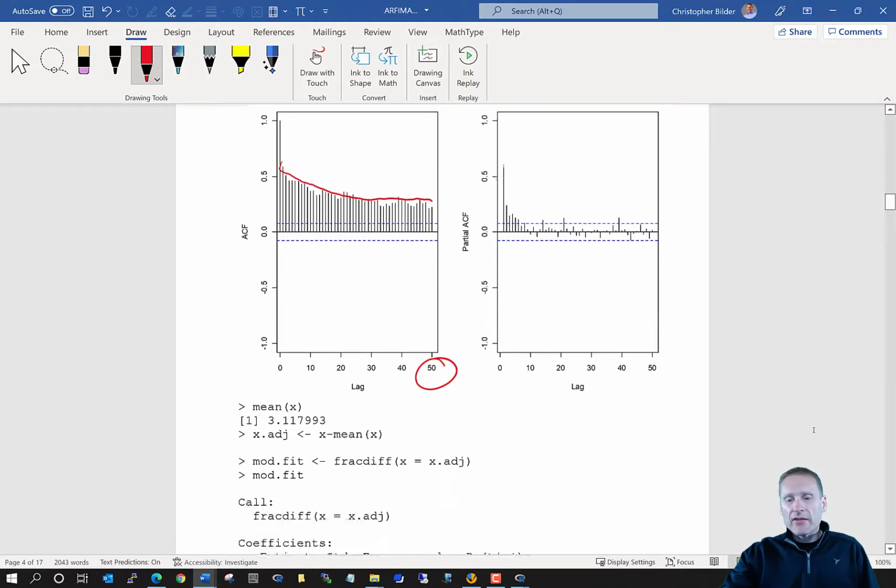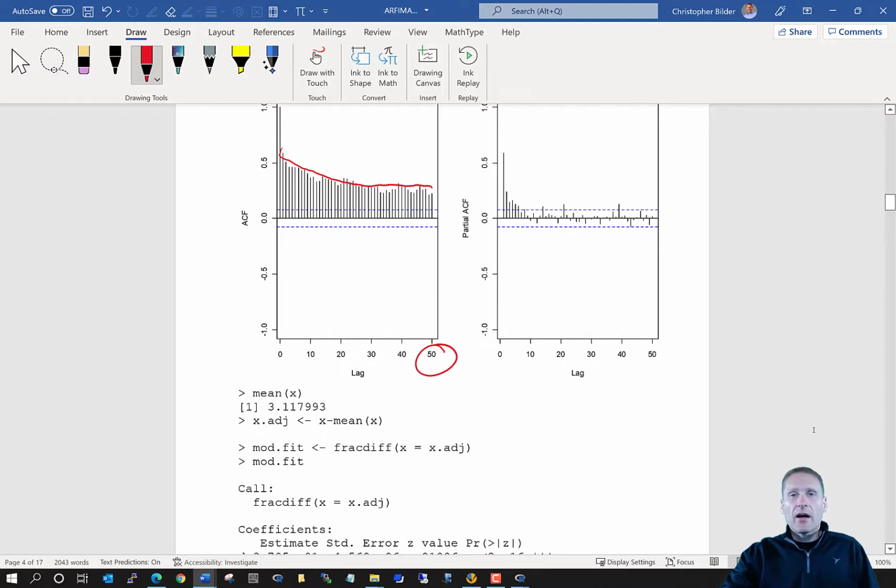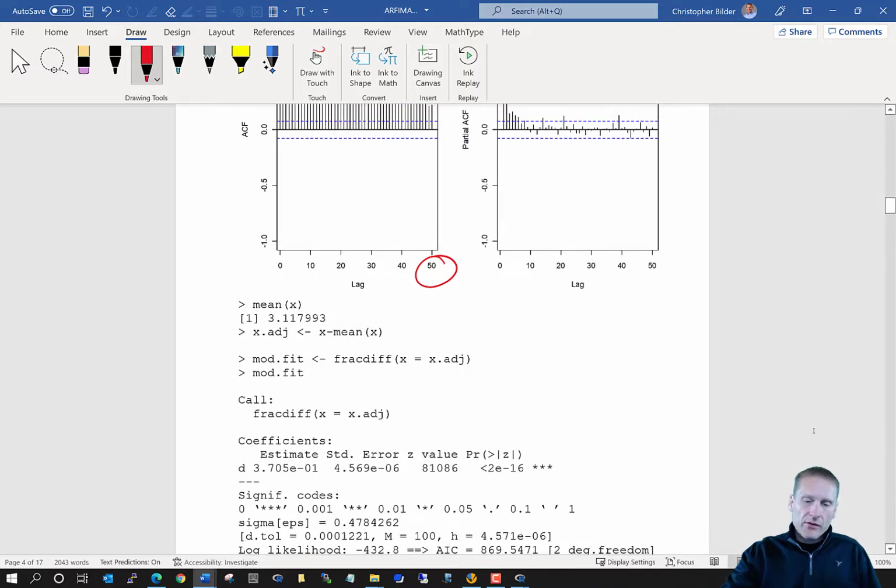So to estimate a model, we're not going to worry right now about any AR or MA component. To estimate the model, we need to find the mean of the series. We need to adjust the series by the mean, and then we're going to use the fracdiff function once again.